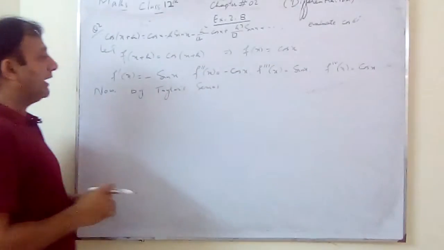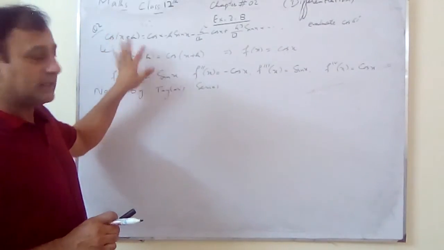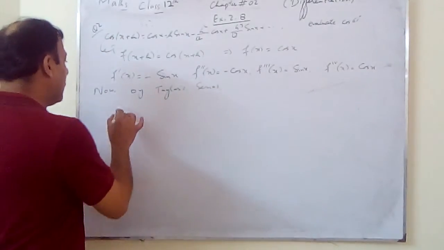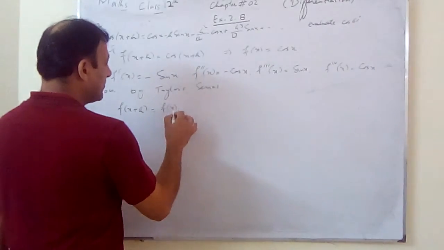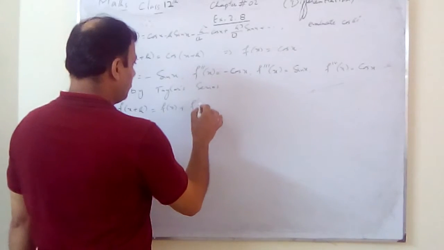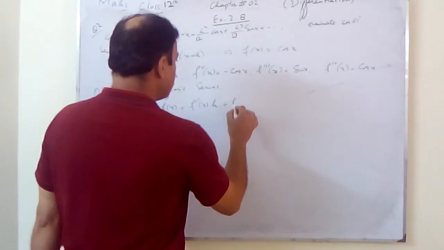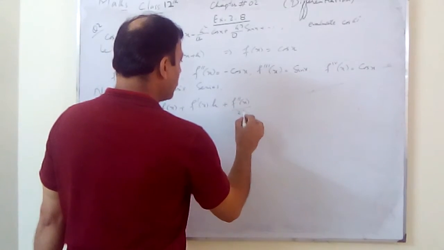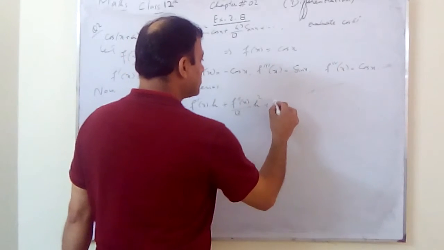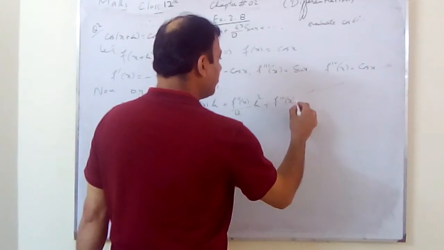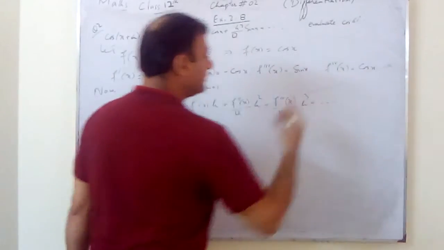Why are we not using Maclaurin? Because it is given as cos of x plus h, and Taylor series says that f of x plus h is equal to f of x plus first derivative of x into h plus second derivative of x divided by 2 factorial h square plus third derivative of x divided by 3 factorial h cube and so on.